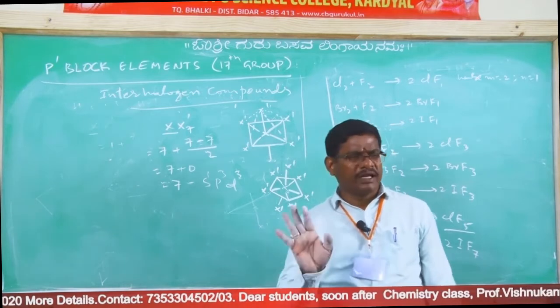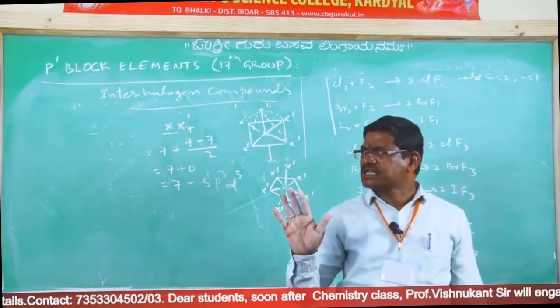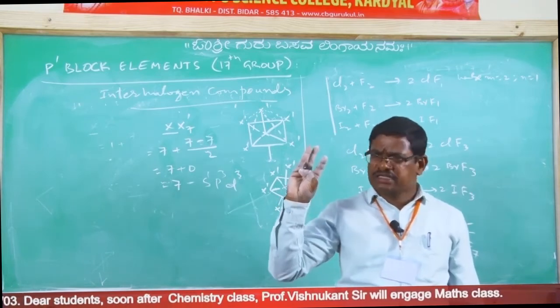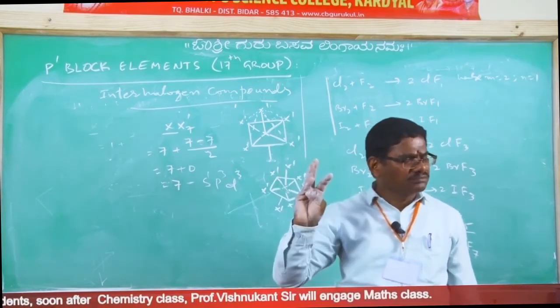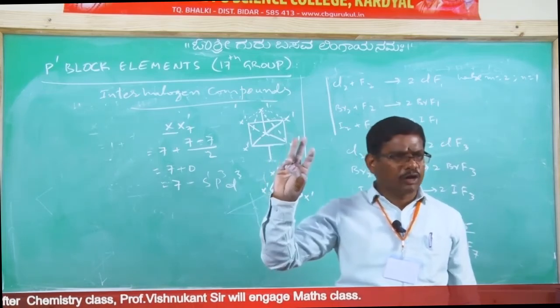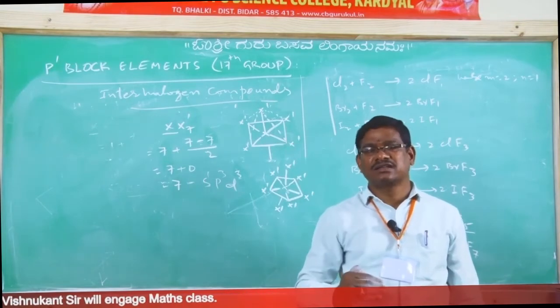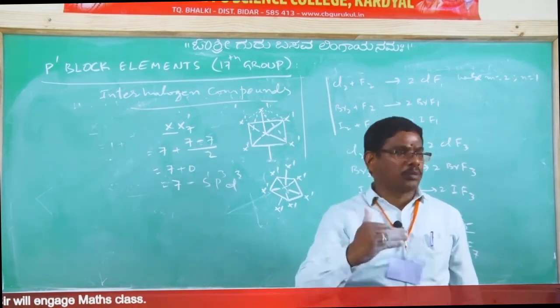Clear na? So mainly first in this lesson what we covered: who are the elements, why the term halogen has come, their atomic number, their mass number, general physical characteristics, followed by general chemical properties.